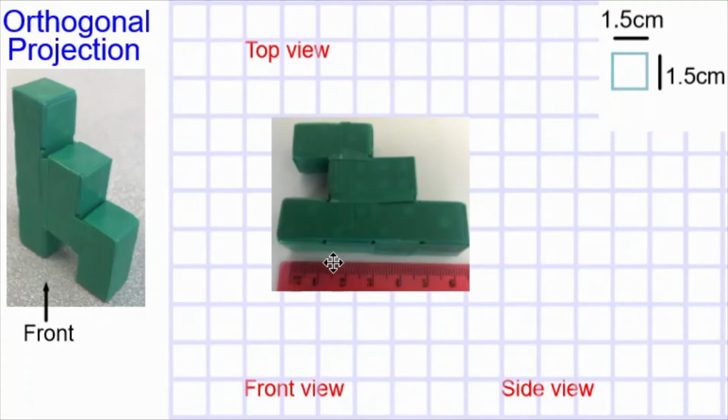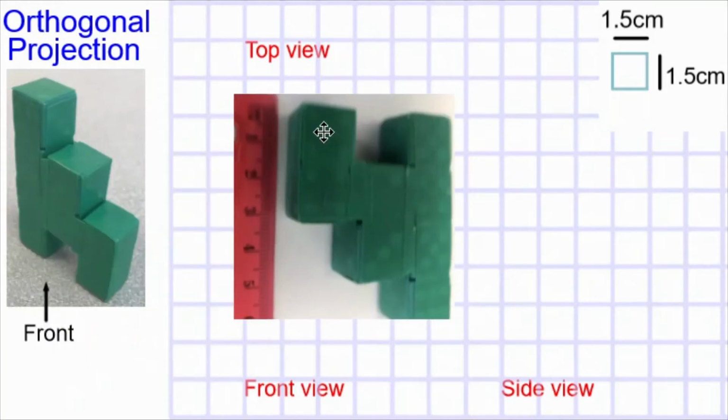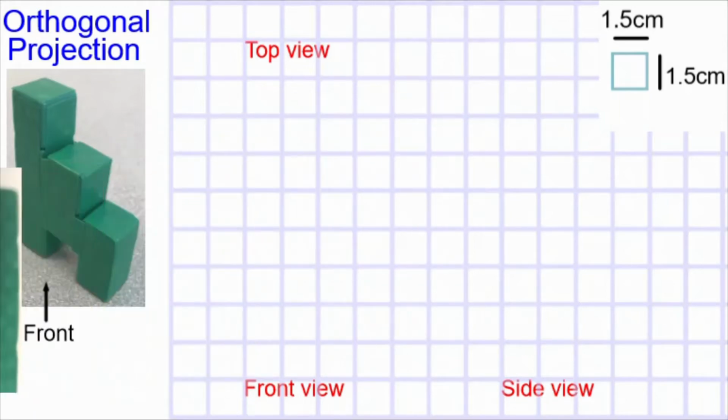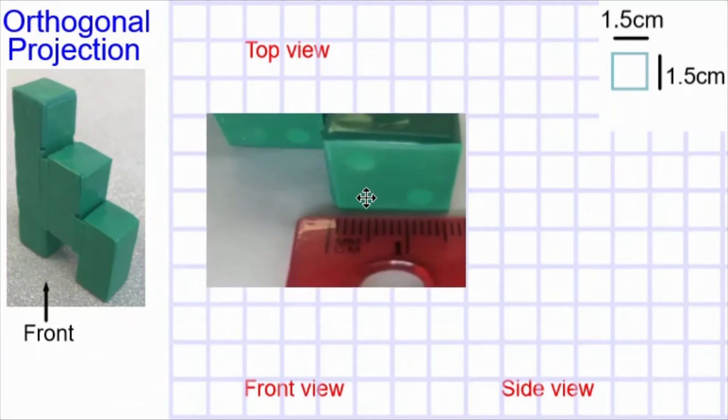So you'll have to trust me that this actually was very close to being exactly 6 centimeters. Another edge that I needed was this one, which was 3 centimeters in length. And an edge that was needed quite a lot was these shorter edges, which were 1.5 centimeters in length.